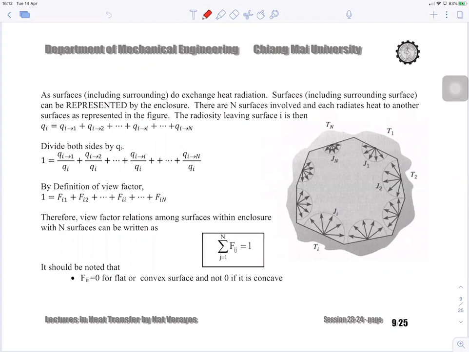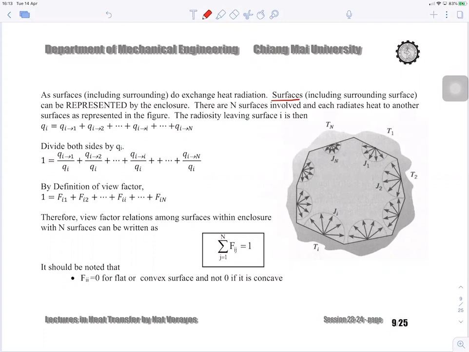Another way to find the relation among the view factors is from the fact that if you have surfaces, and one of the surfaces can include the surrounding surface too.